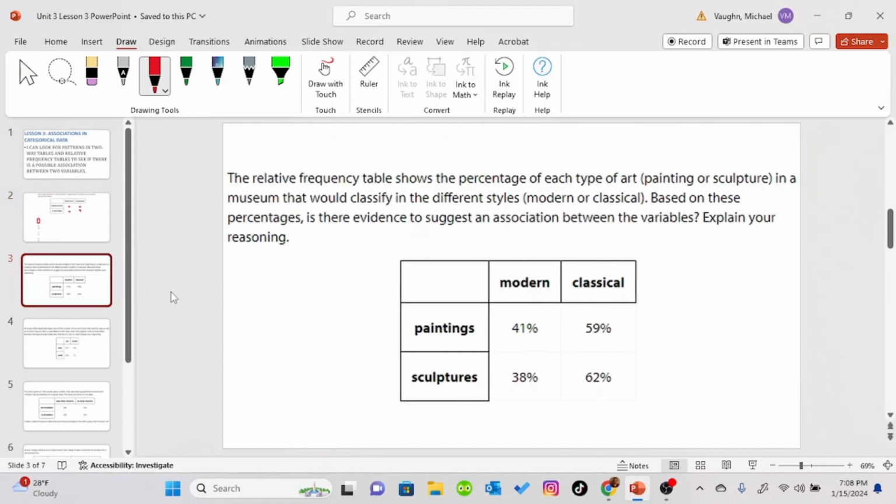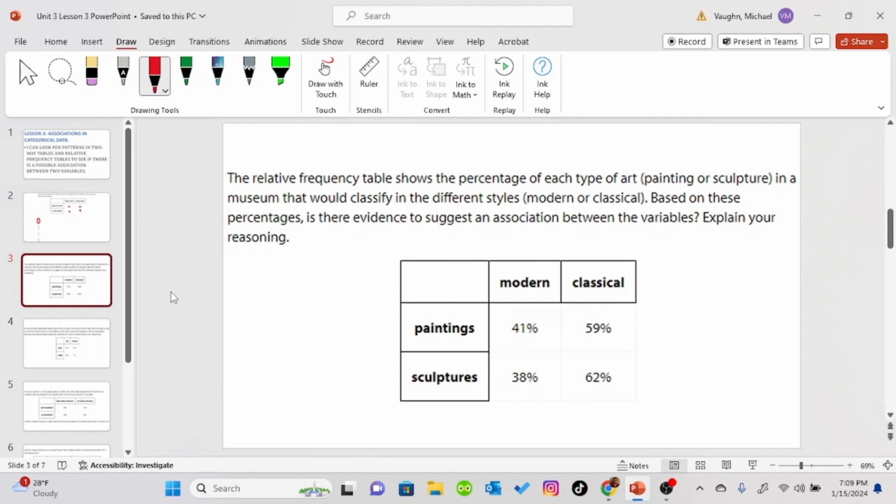The relative frequency table shows the percentage of each type of art, painting or sculpture, those are our rows, in a museum that would classify in the different styles, modern or classical, those are our columns. Based on these percentages, is there evidence to suggest an association between the variables?